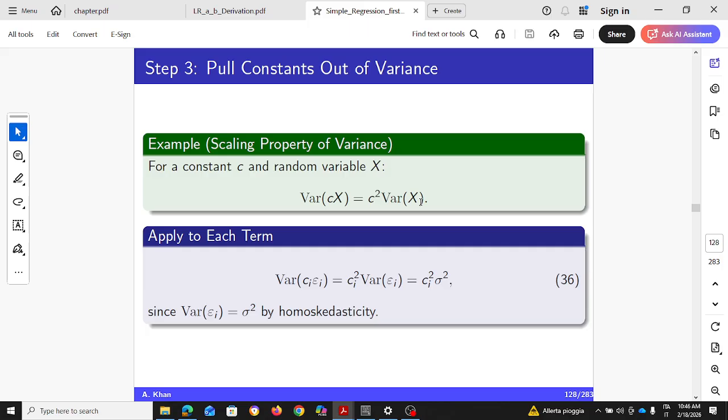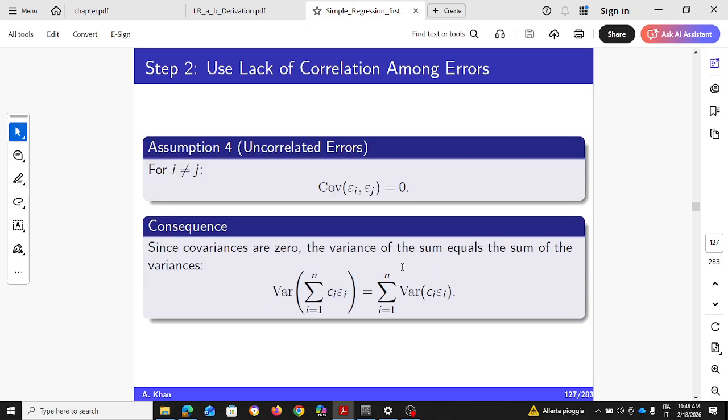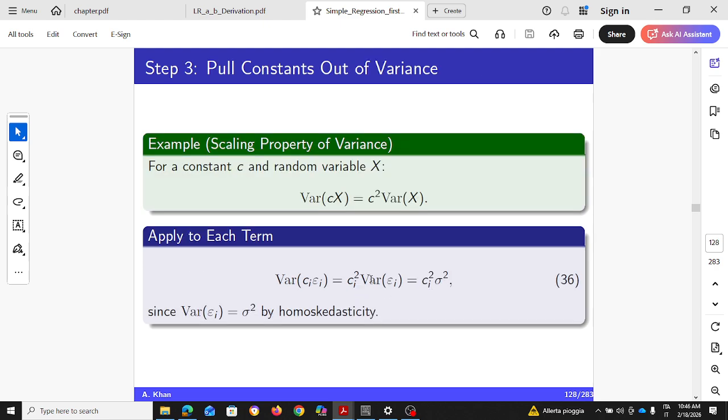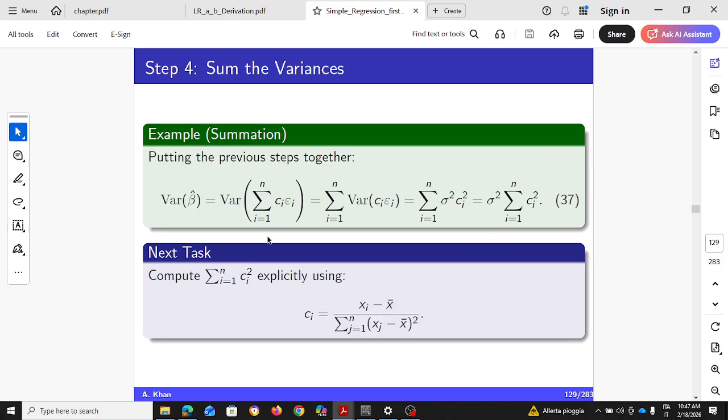Okay, now apply this to the previous formula. What we get, if we multiply the variance by a constant term, the constant term gets squared, and then we have the variance of the disturbance term, and we know by definition the variance of this term is equal to sigma square. So we have ci square sigma square. Okay, now put everything together.